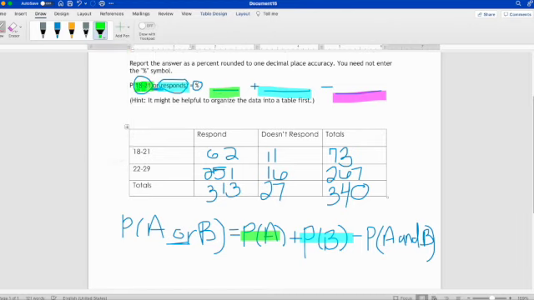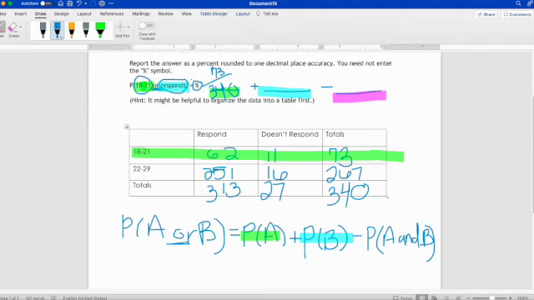The group of people that are in the 18 to 21 group, that's these people right here. And there's 73 people out of 340. So that's going to be the probability of picking someone in that age group. So 73 out of 340.